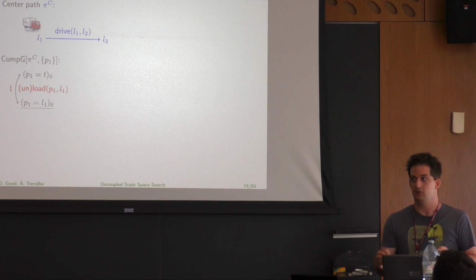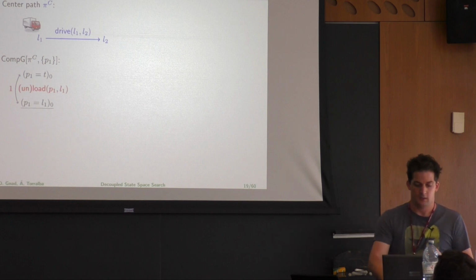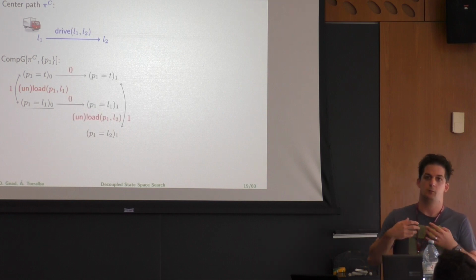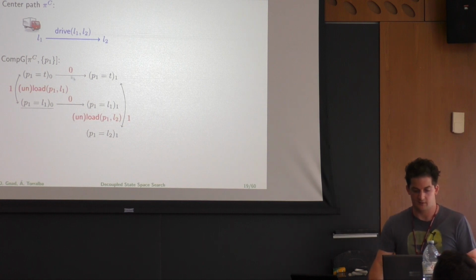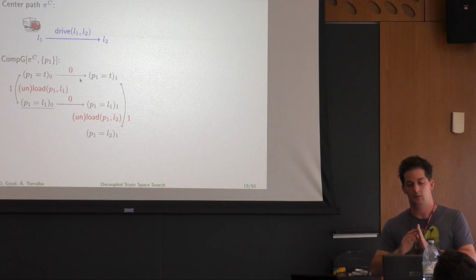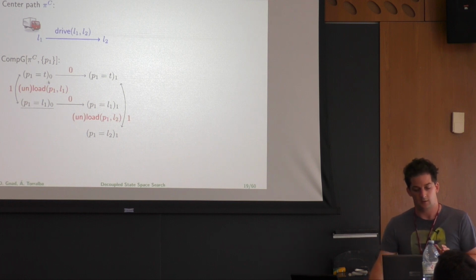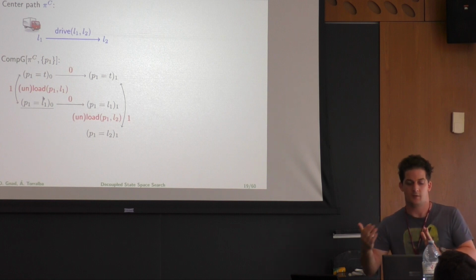If we apply a center action, say we drive from L1 to L2, this gives us new possibilities in the leaves. So basically these are these zero cost transitions that I told you about. All leaf states that we have in the first layer are compliant with the center action.